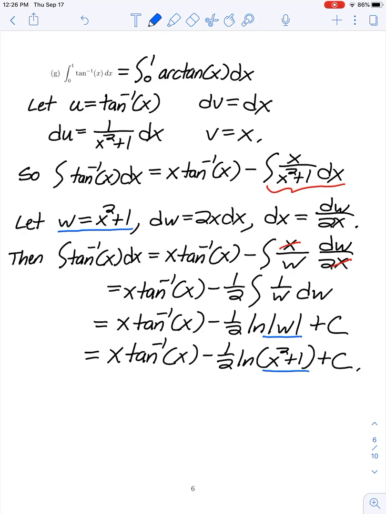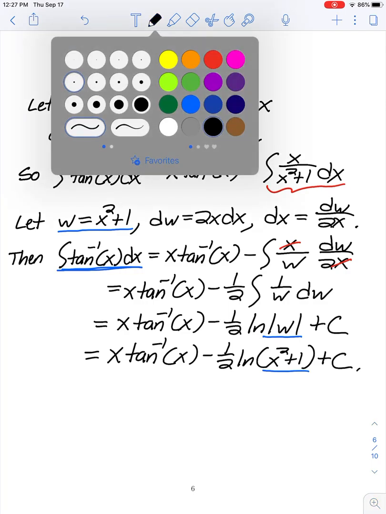Now we're not quite done. What I found was the indefinite integral of my arctangent x function, but recall this problem was a definite integral of that arctangent function from 0 to 1.